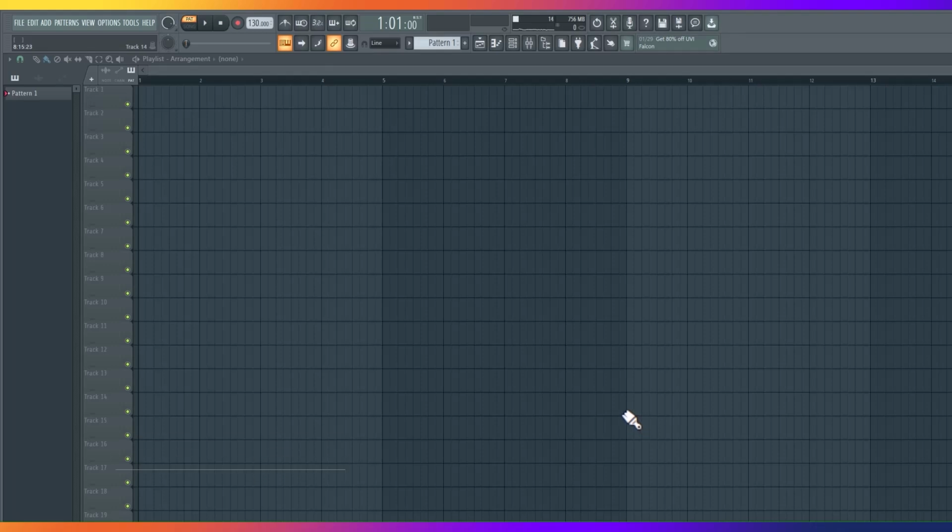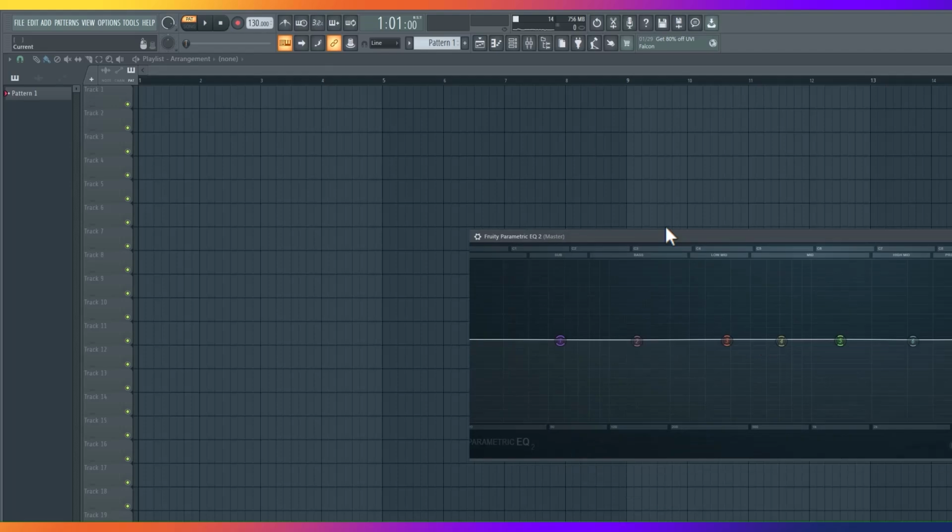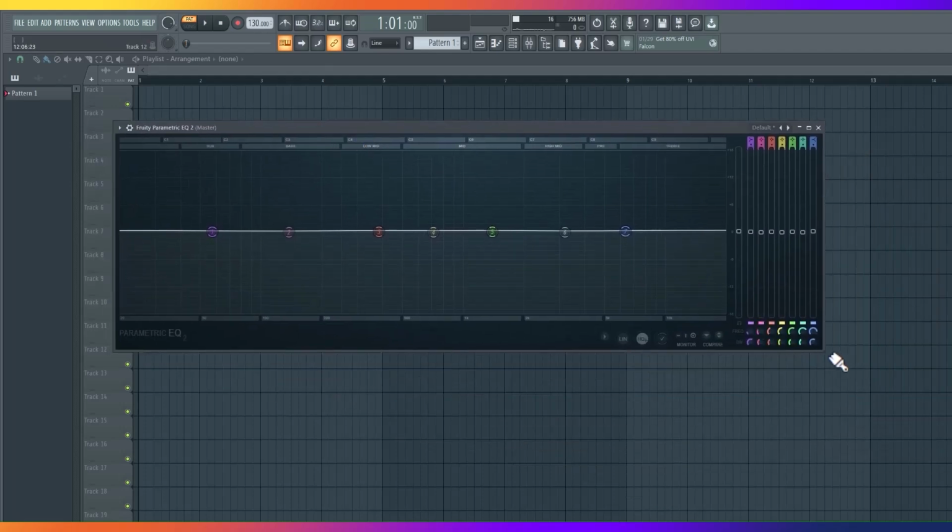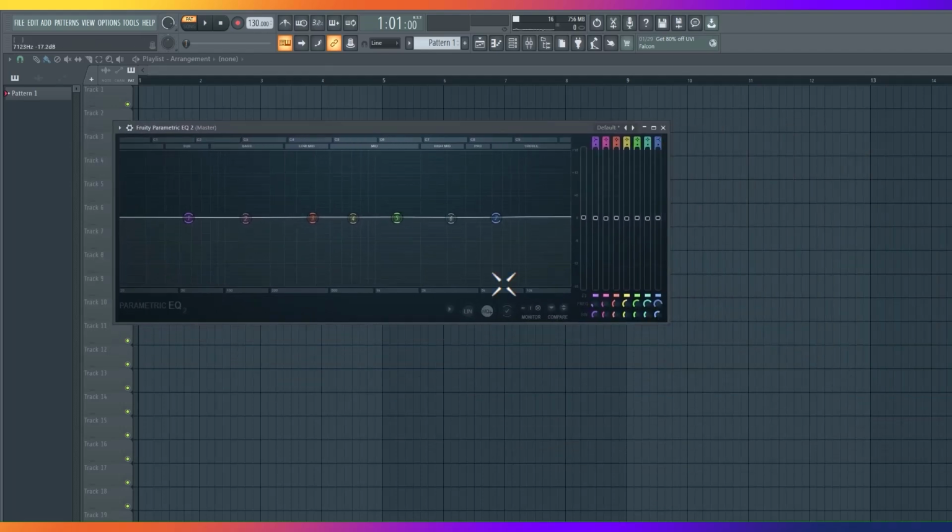Now we have the parametric equalizer. So let me demonstrate. This is what we call the parametric equalizer. What it means is you can stand on any point. As we said earlier, the audible frequency spectrum ranges from 20 to 20,000 hertz, which means you can stand on any frequency and do either your cutting or your boosting.